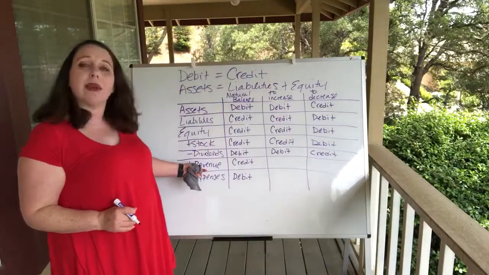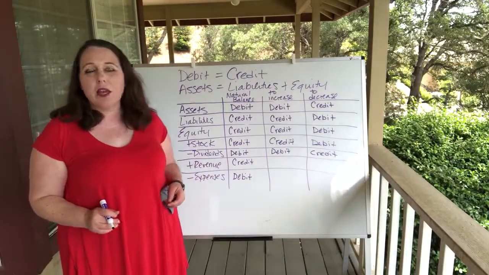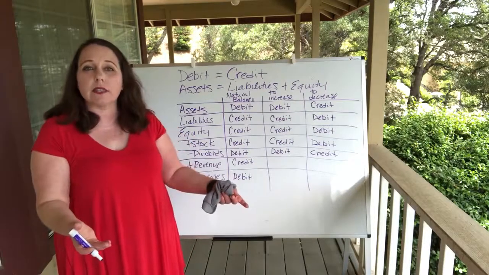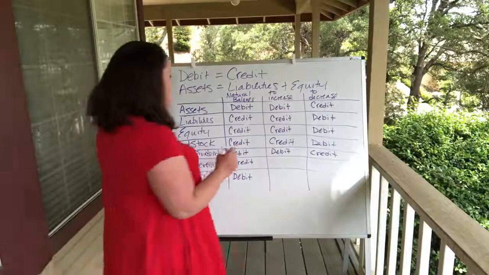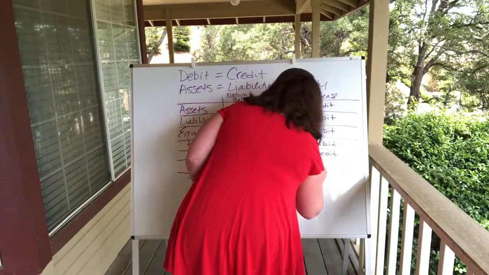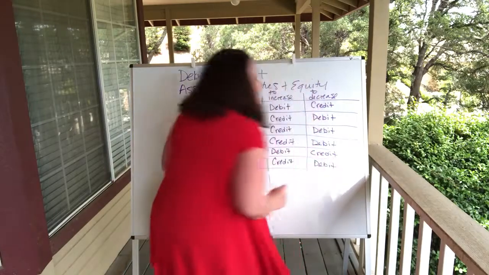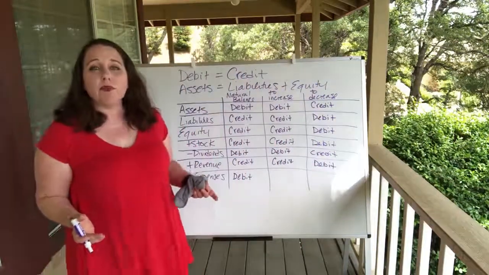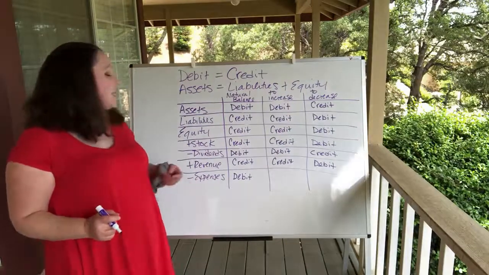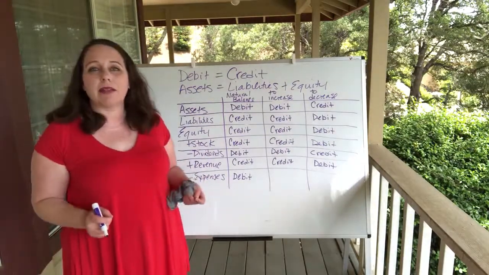Revenue has a natural credit balance. So if we increase revenue, meaning we've sold more goods or services, then we'll do that with a credit. And we'll decrease revenue, for example, if we get a return, with a debit. Expenses have a natural debit balance.